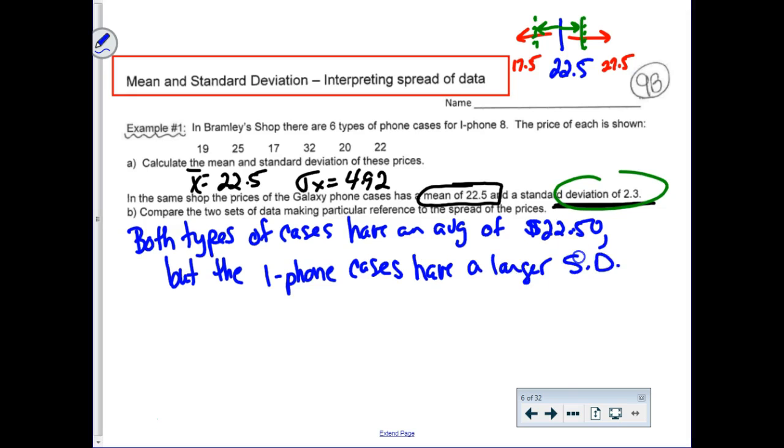You can abbreviate because it's a lot of writing. So the iPhone cases have a larger standard deviation, so the prices will vary more. That is a huge run-on sentence. I'm sorry.